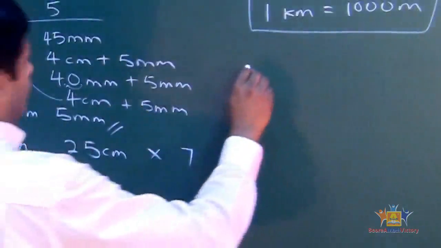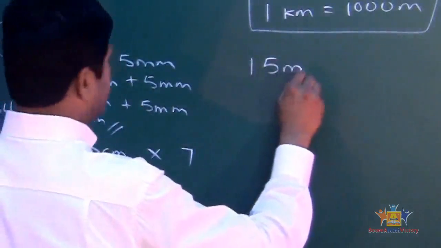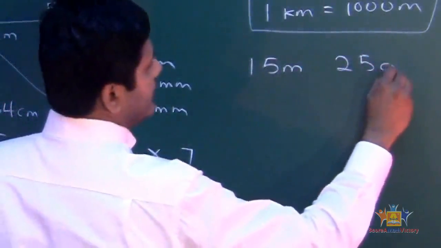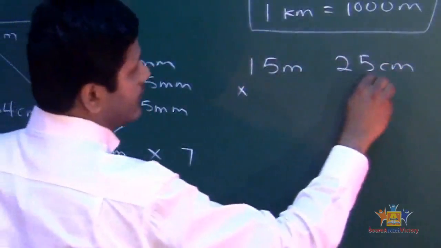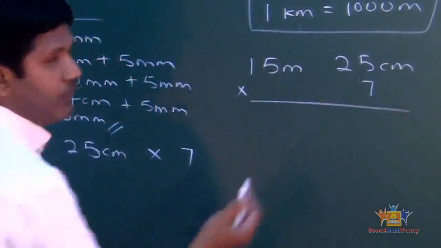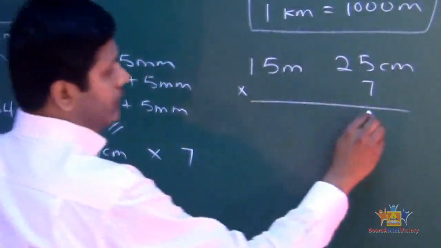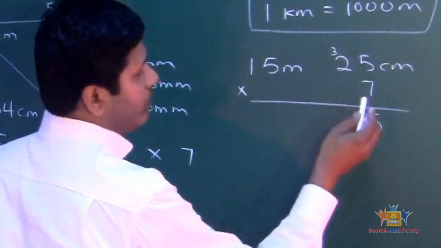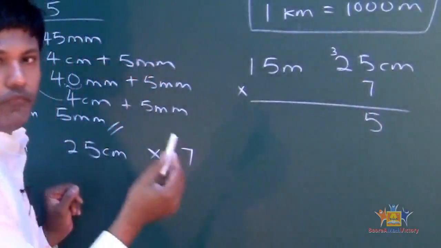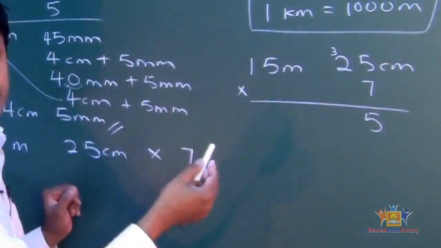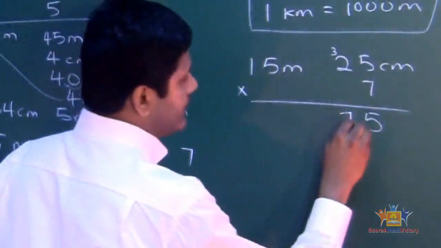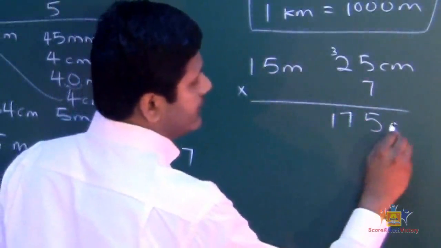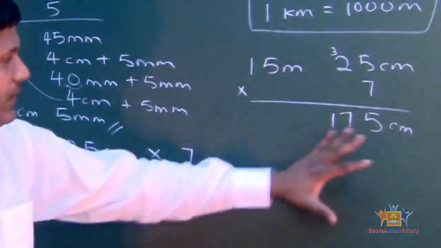So we're going to put 15 meters and 25 centimeters, and multiply that by 7. 7 times 5 is 35, so we put 5 and carry the 3. 7 times 2 is 14. 14 plus 3 is, very good, 17. 17 centimeters. But don't worry about it. Leave it like that.